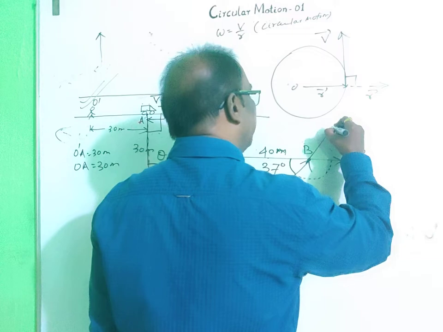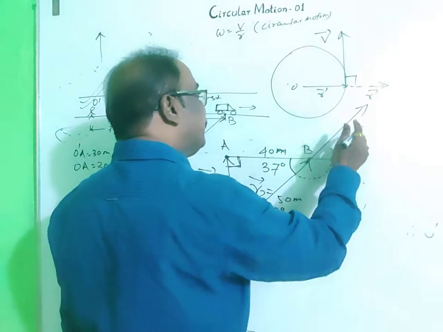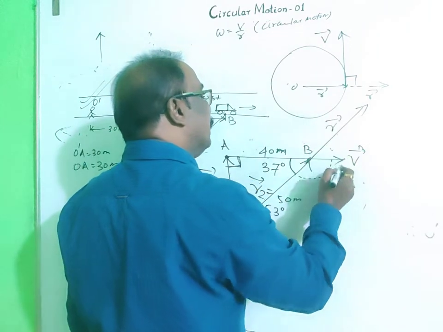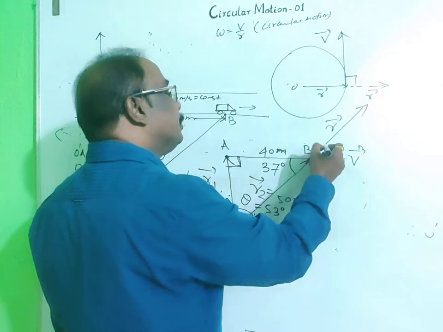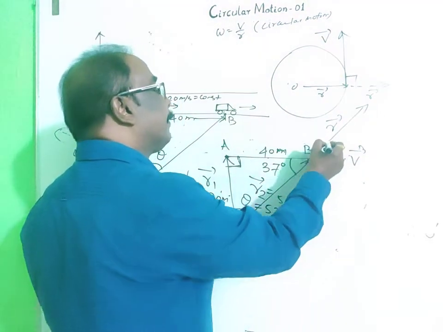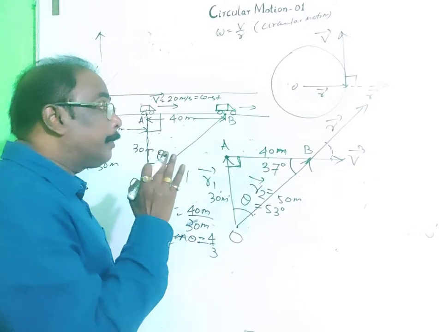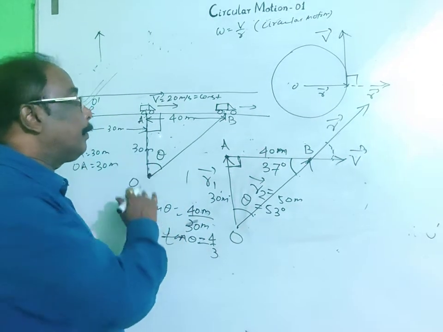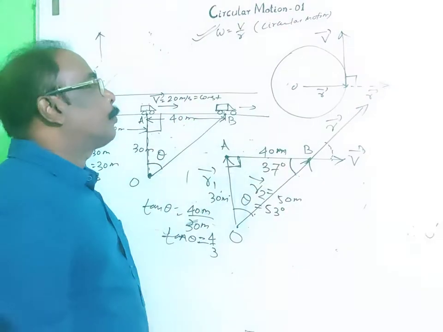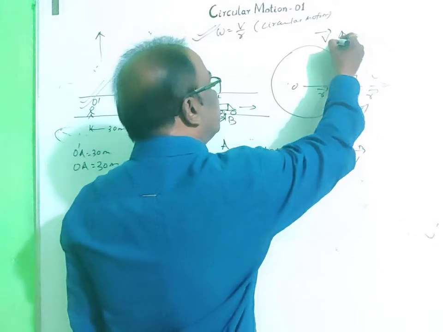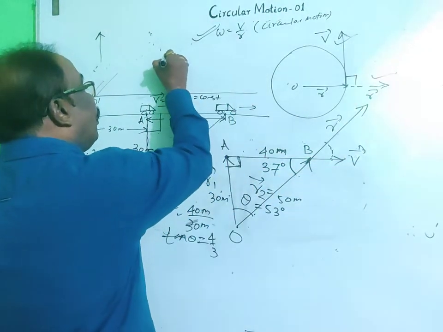If you produce this, meaning parallel shifting, this 50 meter is also a position vector, and the angle between velocity and position vector is not 90 degree. It is some other angle. Then how can you get the perpendicular component? As we have seen, this is only true in circular motion, because in circular motion velocity and position vector are perpendicular.